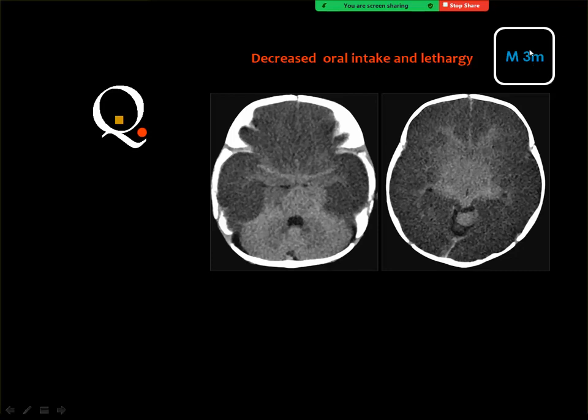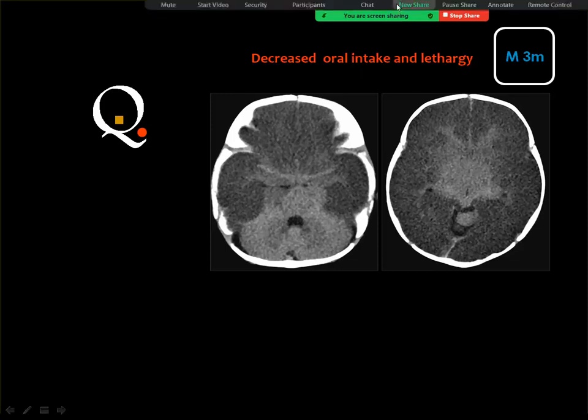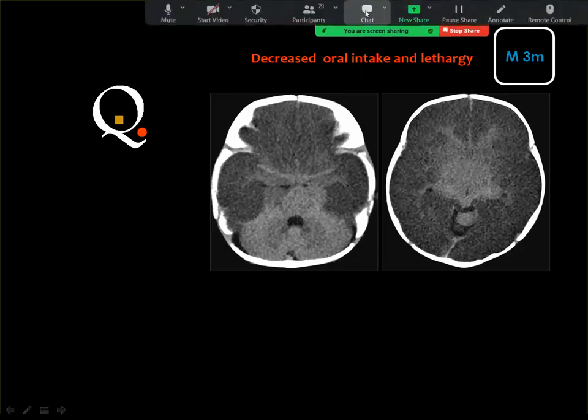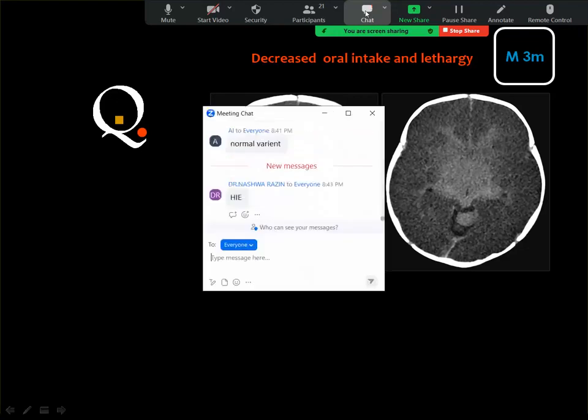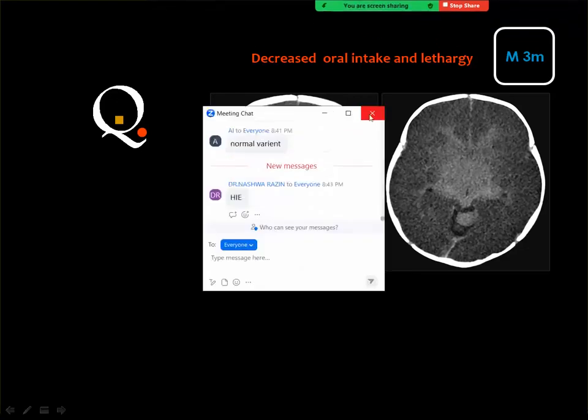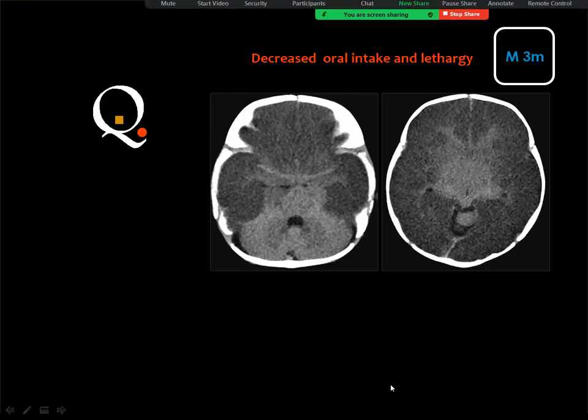This male infant, 3 months old, presented with lethargy and is not well fed. Yes, and this is hypoxic ischemic encephalopathy.